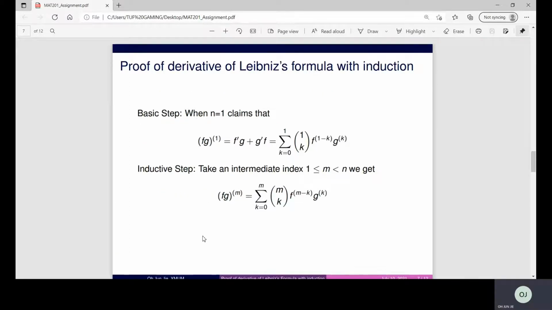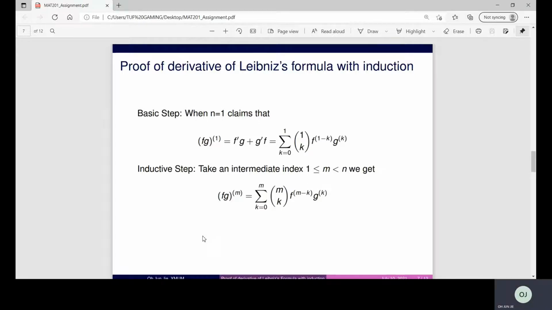So the base step: when n equals 1, we plug into n, and we'll get the sum from k equals 0 to 1 of the binomial 1 choose k times the derivative of order 1 minus k of f times the derivative of order k of g.